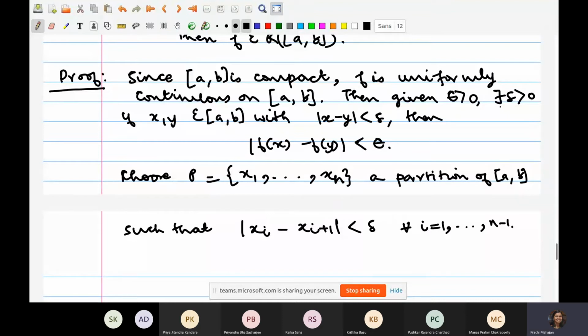This delta is the one which we get courtesy of the uniform continuity of f. So you choose a partition of the interval AB in such a manner that any two adjacent points are at most delta distance apart. Is that okay? Is everybody with me?